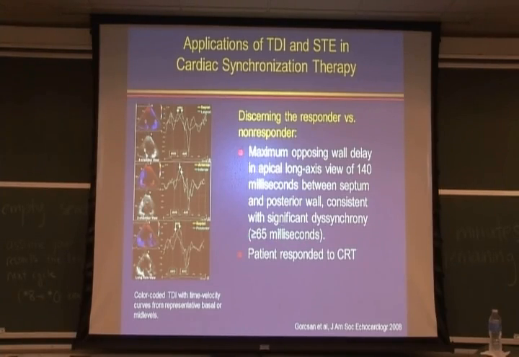This patient has a mechanical dyssynchrony of more than 65 milliseconds, which is the cutoff point, and this patient responded to what is called cardiac resynchronization therapy, putting in multi-site pacing to try to synchronize the time of activation and thereby the mechanical activation. So this has helped to discern who are the responders to cardiac resynchronization therapy, and this is one of the criteria being followed.